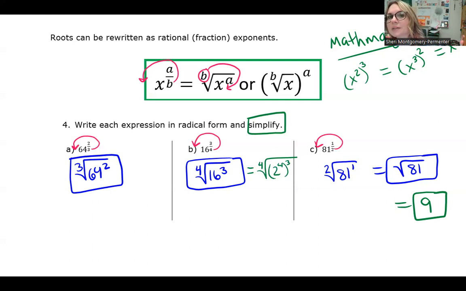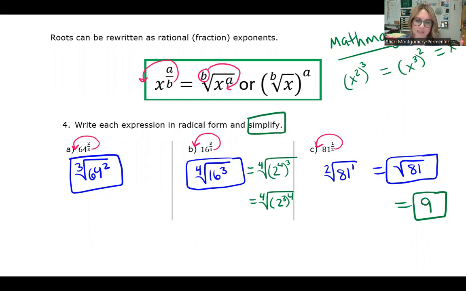And then guess what I'm going to do? I'm going to switch their places because that is math magic. So that's the same thing as 2 to the third power raised to the fourth power.